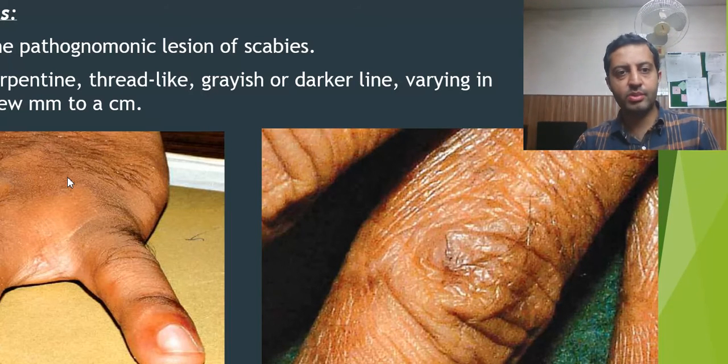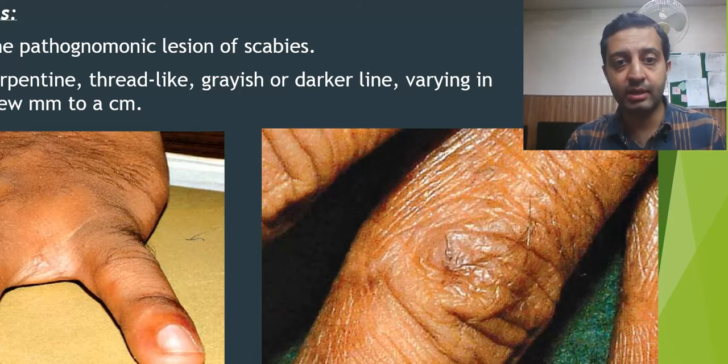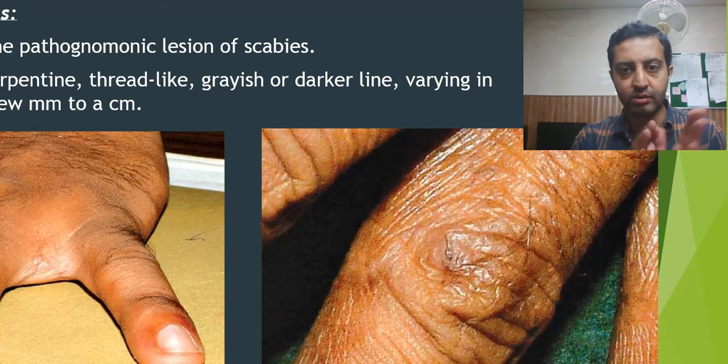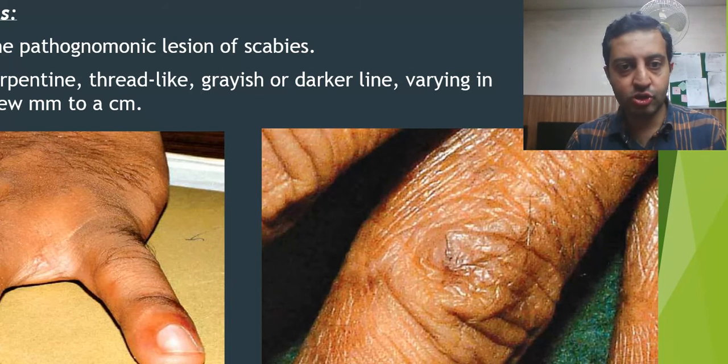And this burrowing appears serpentine or thread-like. Serpentine means that the shape of this lesion or burrow is like a snake that is turning around like a thread. So the length of this burrowing can vary from a few millimeters to a few centimeters.